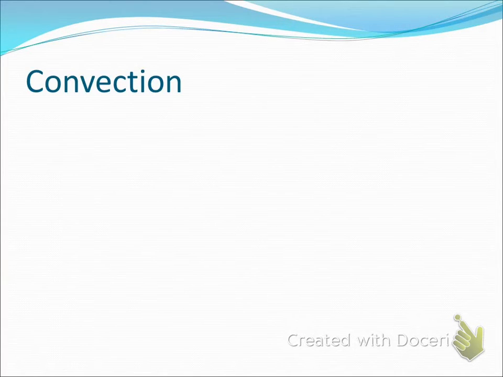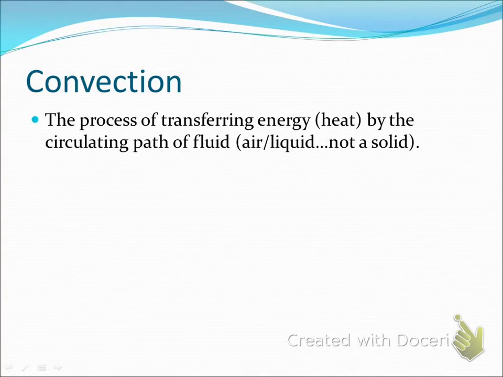The next one is looking at convection. Now, convection current, the key to convection current, and something that you should really focus on here, is it is moving in an air or a liquid substance. So convection does not happen in a solid.